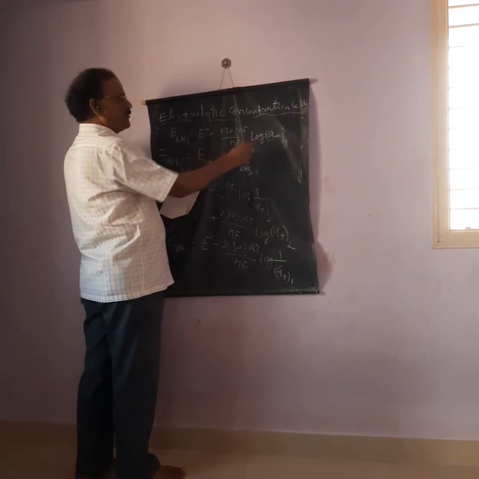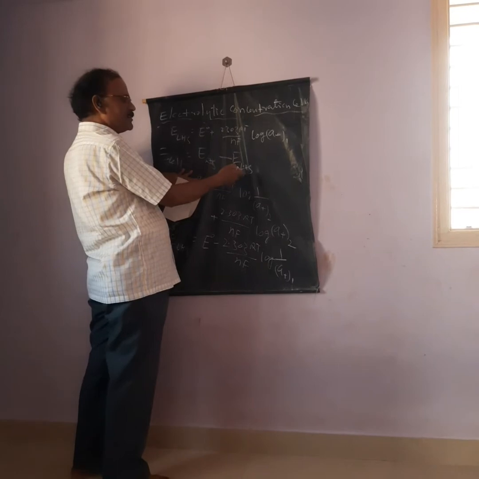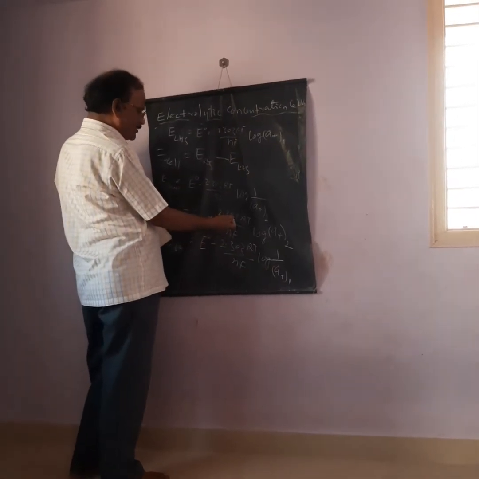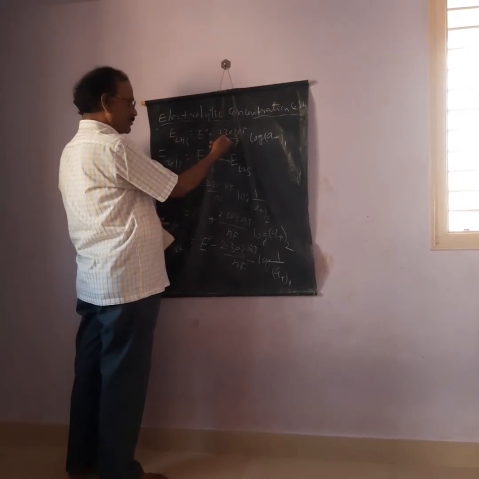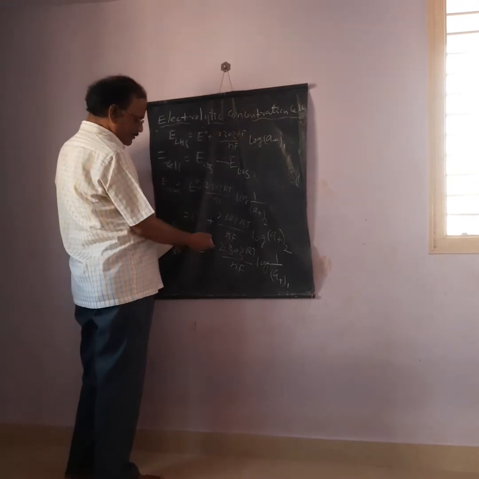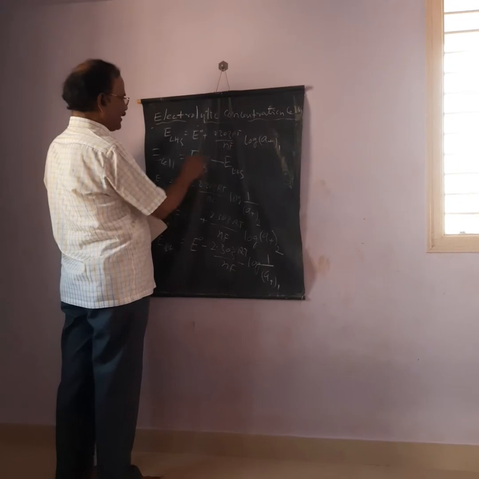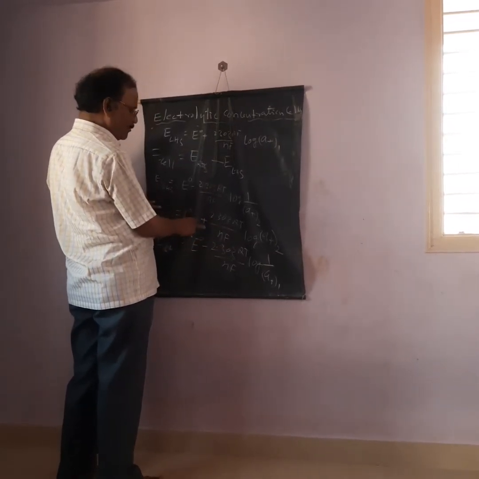According to the Nernst equation, it is the reduction potential of the RHS electrode minus the reduction potential of the LHS electrode. So E0 cancels with E0. Here also you have a positive sign. Here it's positive, E0 plus 2.3.